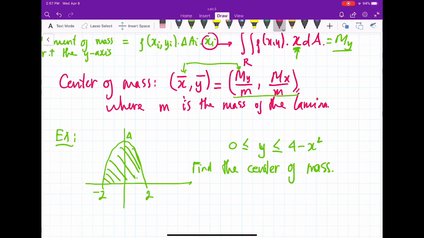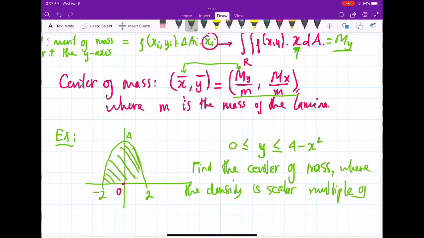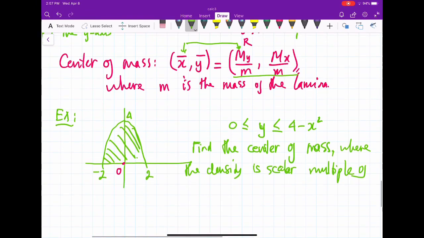Okay, so we have to pay a little attention. Here is 0, and let me write a sentence where the density is a scalar multiple of the distance between xy and the x-axis.